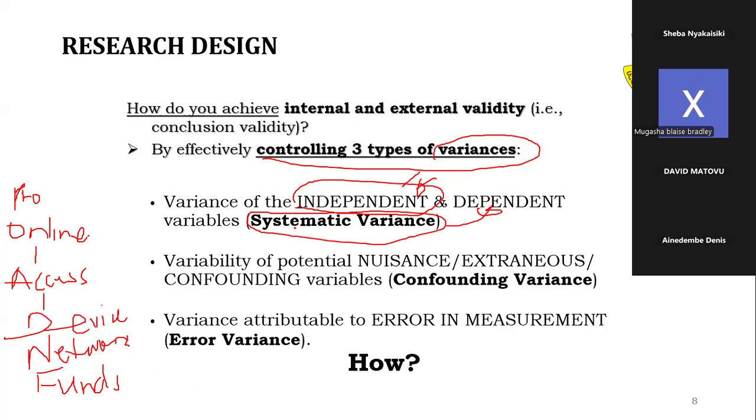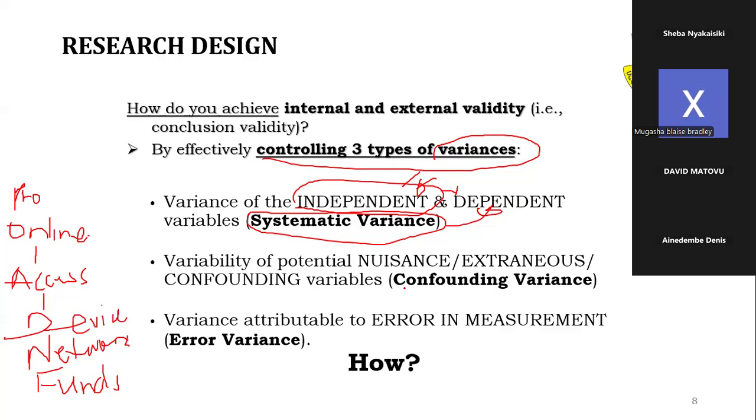For the systematic variance, we want to have as little interference as possible, a homogeneous platform, so that the independent variable has as limited interference as possible. We want to maximize that.